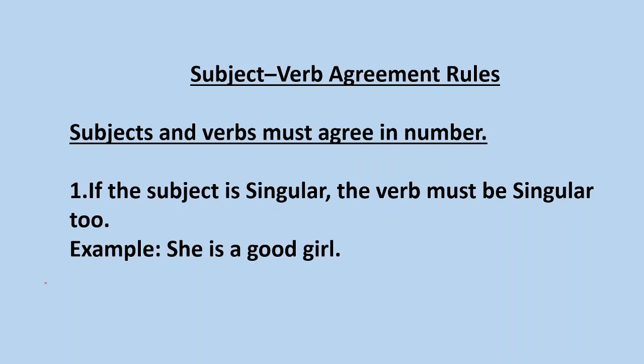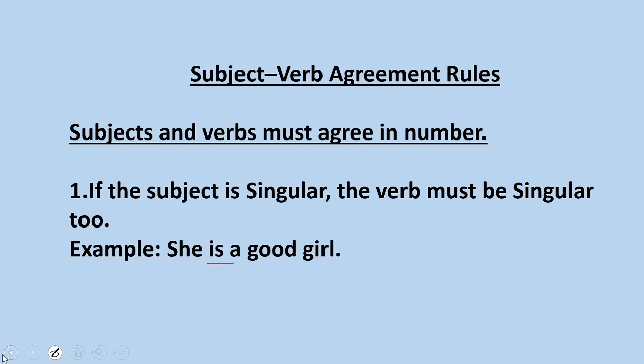Now, number one, if the subject is singular, very simple, the verb must be singular too. So here the example is: she is a good girl. She is a singular subject.